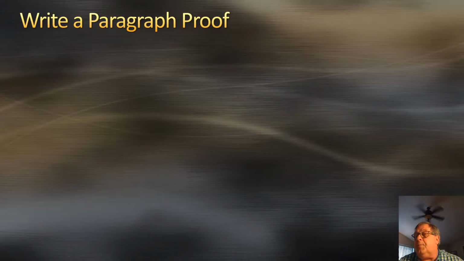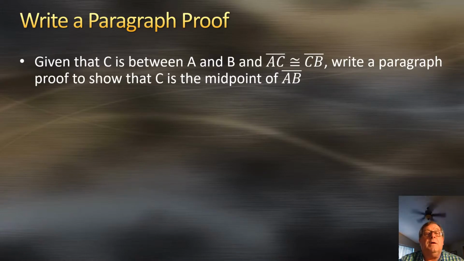Now, when we have a proof statement, we're going to have a given, and then we're going to be asked to prove something. So let's see what we start off with. Given that C is between A and B. These are points. Point C is between point A and point B. And segment AC is congruent with segment CB.